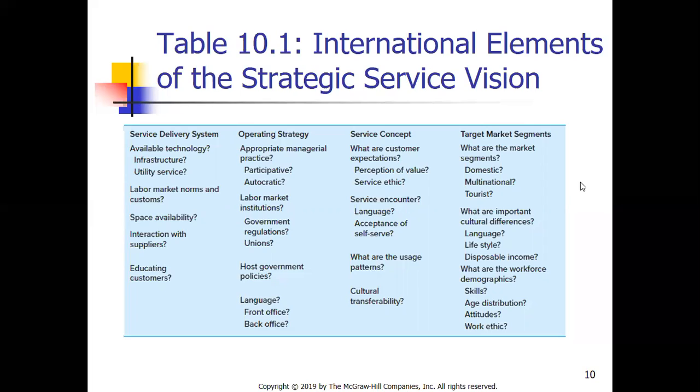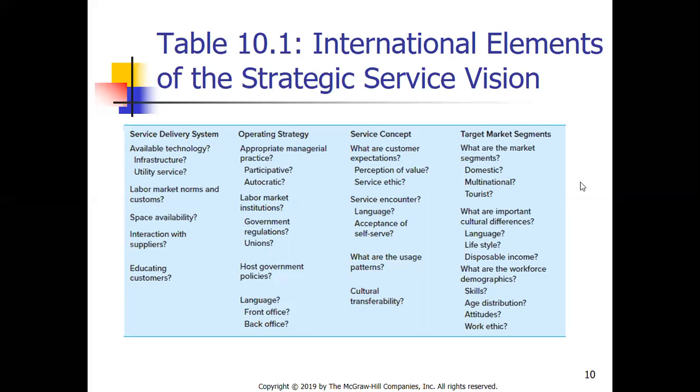Then you can go into selecting the appropriate managerial practice in terms of the operating strategy, whether participative or autocratic, in that particular country. And then the service concept: what are customer expectations, perception of value, and service ethic you have to look into. And the target market segment: domestic, multinational, or tourist.